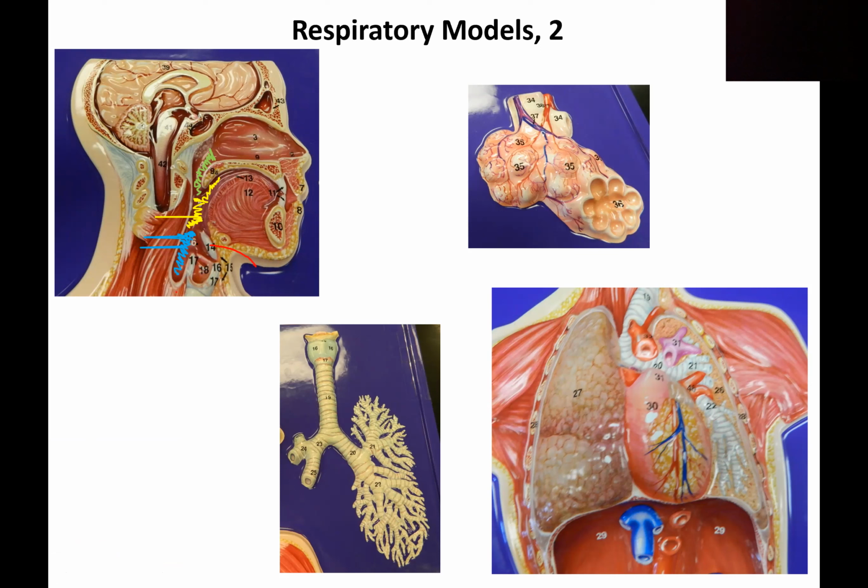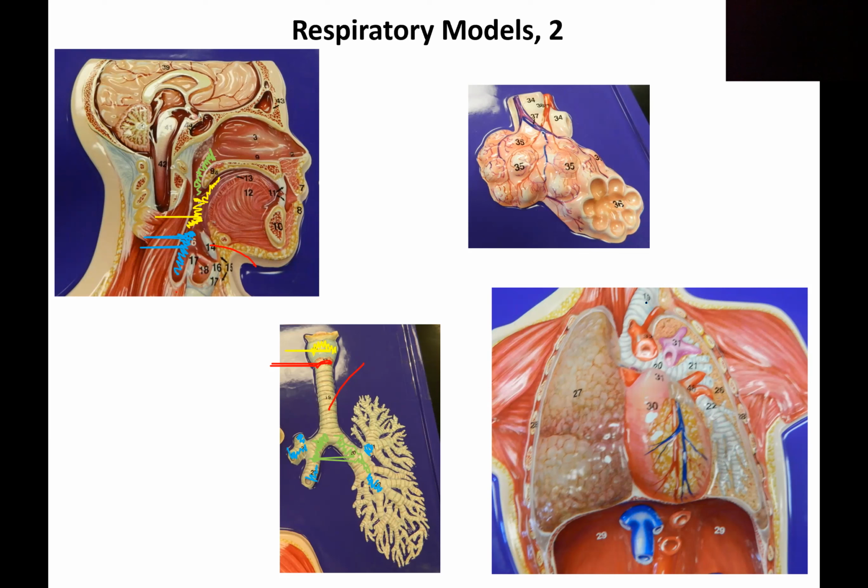I would come down here: thyroid cartilage, cricoid cartilage, trachea, primary bronchus, secondary bronchus, secondary bronchus, secondary bronchus, secondary bronchi.